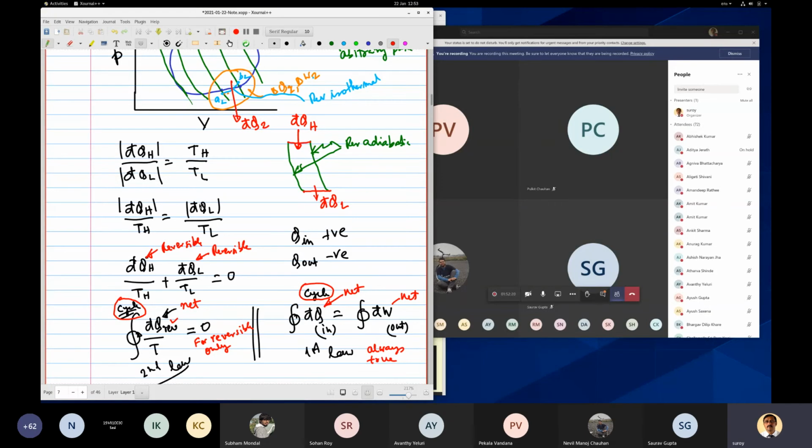They are equal in magnitude and we have put the appropriate sign, so this will become 0. This is in and this is out, or at low temperature it could be in and at high temperature it could be out. So they will have opposite signs.